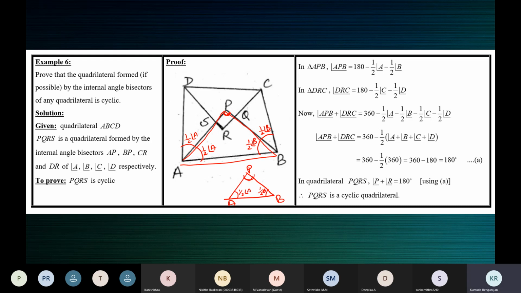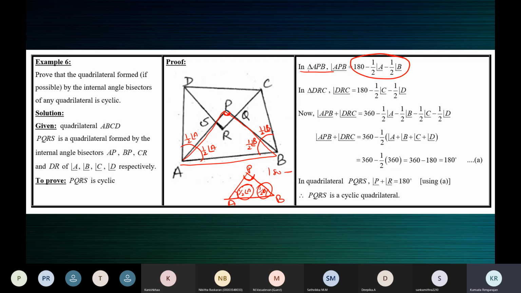So what will be the measure of angle P? 180 degrees minus half of angle A minus half of angle B. That's what you see here. In triangle APB, please don't read ahead, we'll do it together.